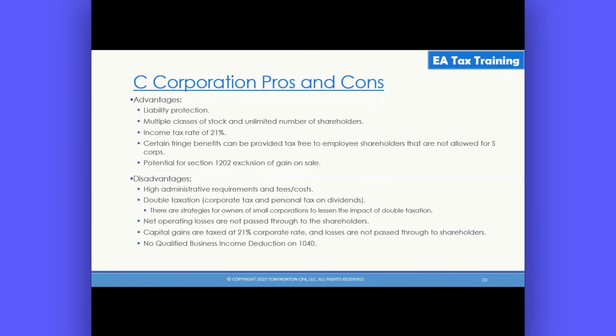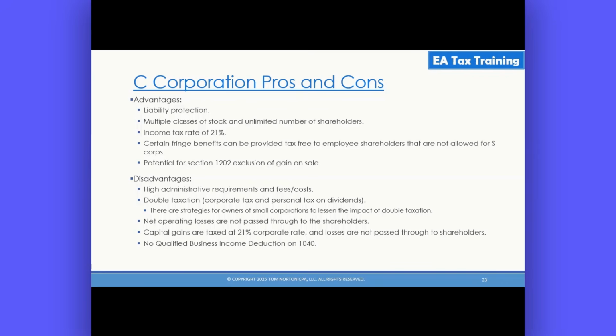So you might actually pay less income tax as a C Corp than you do as an S Corp, although remember, we'll be talking about the double taxation as well to keep in mind. There are certain fringe benefits that can be provided for employee shareholders of a C Corp that are not allowed for an S Corp. And so that can be an advantage of a C corporation.